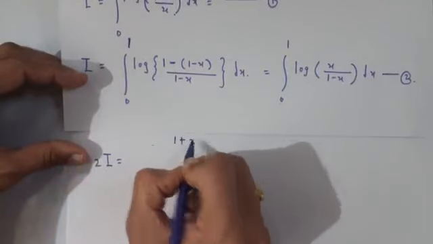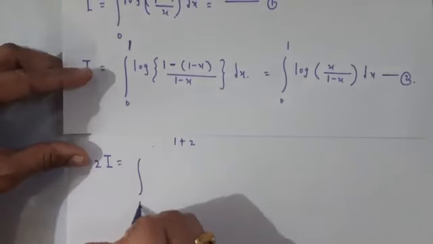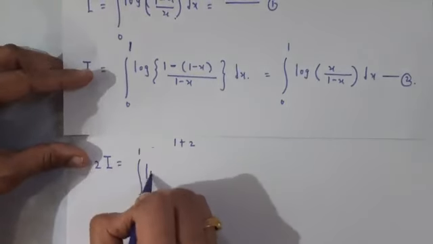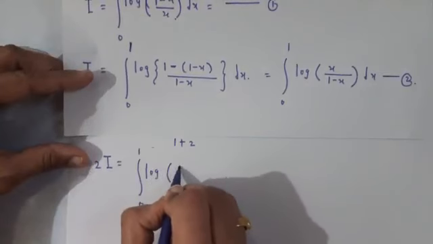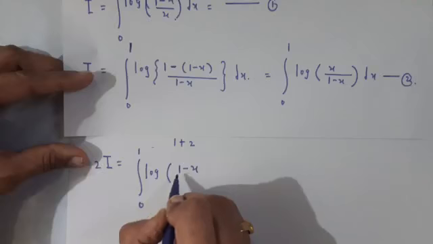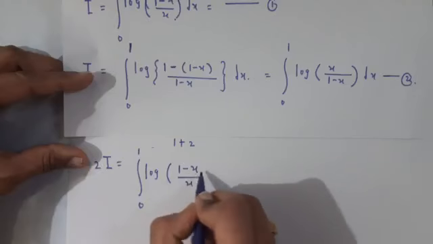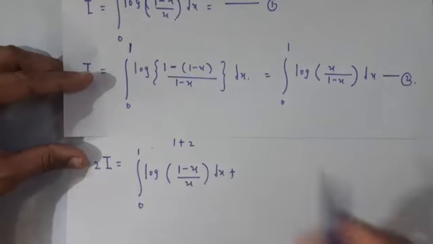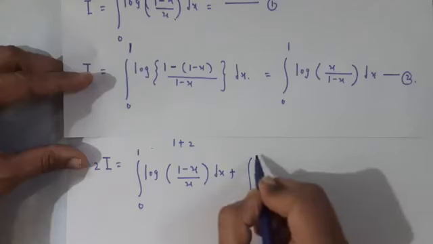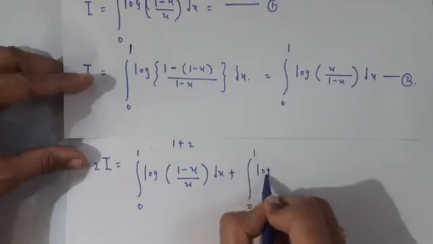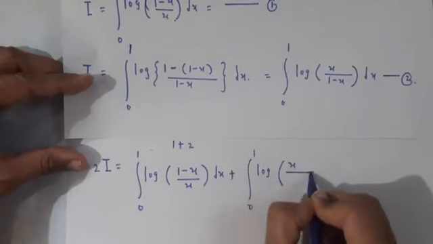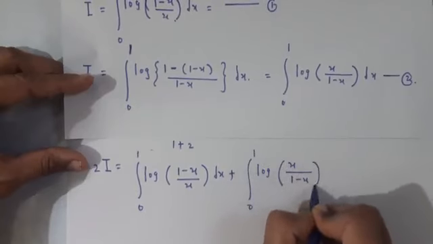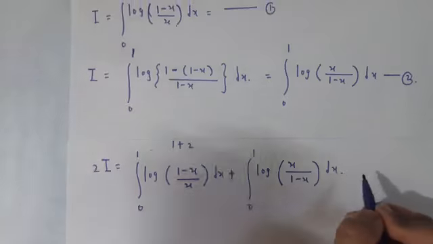What is your 1? That is 0 to 1 log of 1 minus x upon x with respect to x, plus what is your second? That is 0 to 1 log of x upon 1 minus x with respect to x.